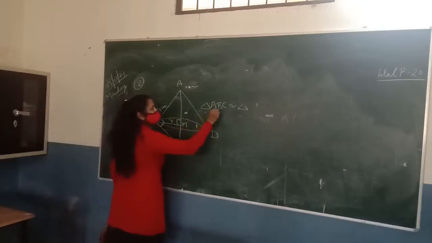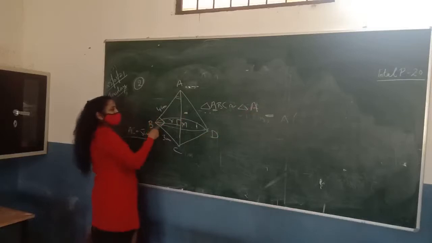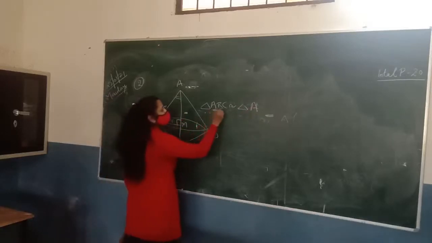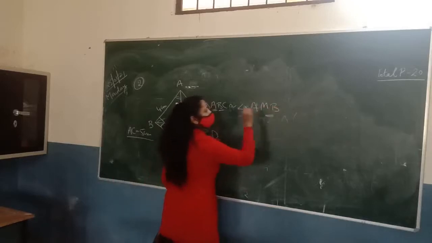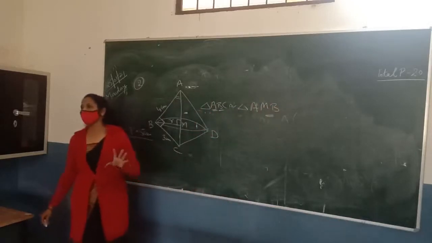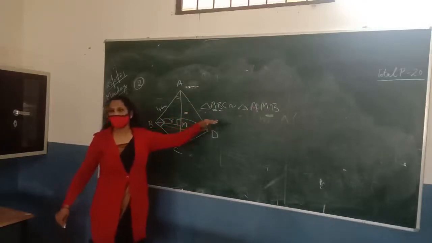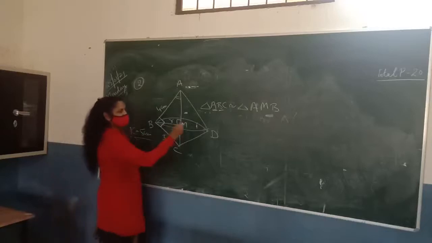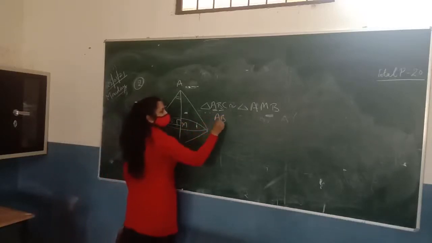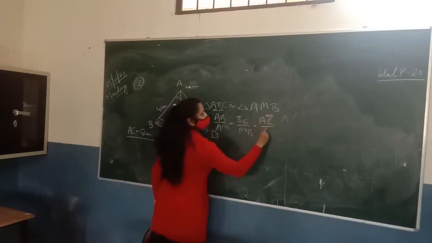Because angle A is equal to angle A here and angle B is equal to angle M. So we write it with B and what is left with B. So if we write the correct sequence, then it becomes easy to write the ratio of the sides. So Priyanshu, what should be the ratio? AB upon AM, BC upon MB, AC upon AB. Good.